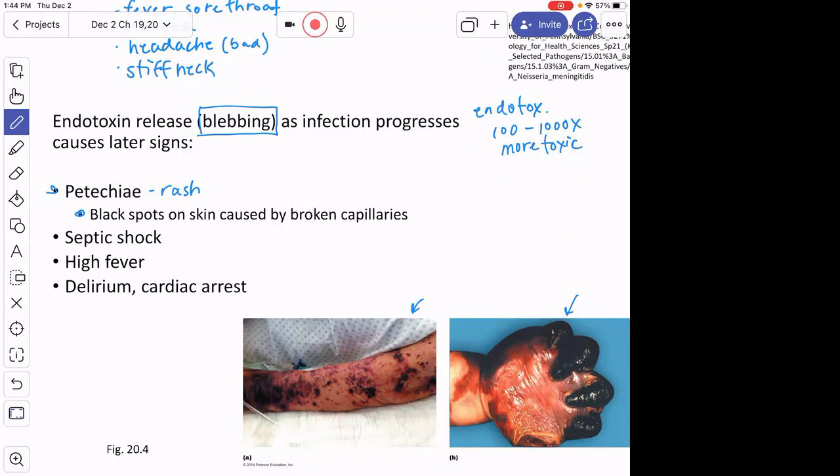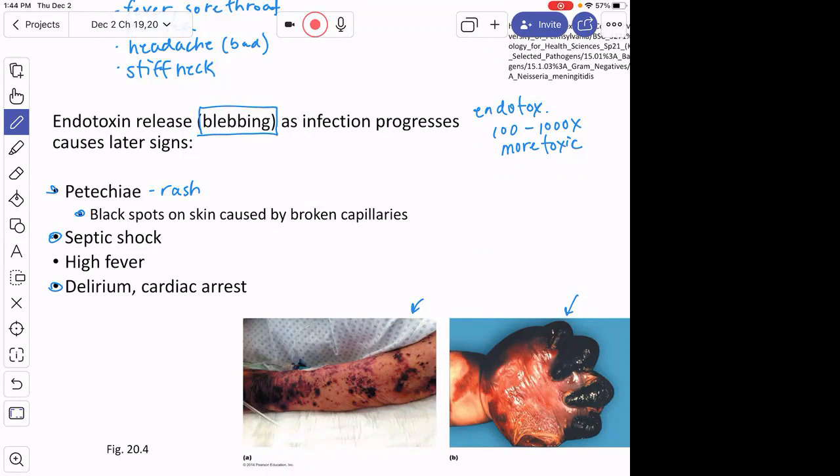This hand here would probably have to be amputated. Anytime you see black tissue like that, that's a sign of necrosis, and you're probably not going to be able to save that. Septic shock, again, all this incredible inflammation due to that blebbing, high fever, delirium, cardiac arrest.